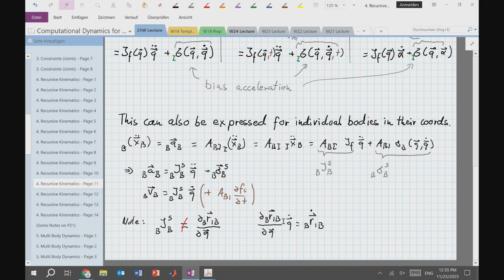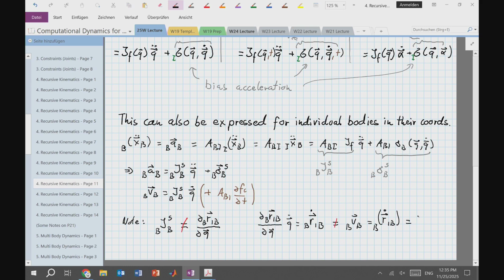So you would just numerically arrive at this equation. And that, of course, is not the same as the velocity of body B in B coordinates, which is R_IB dot in B coordinates. So the physical derivative in B coordinates, and the two are connected through the transport theorem.